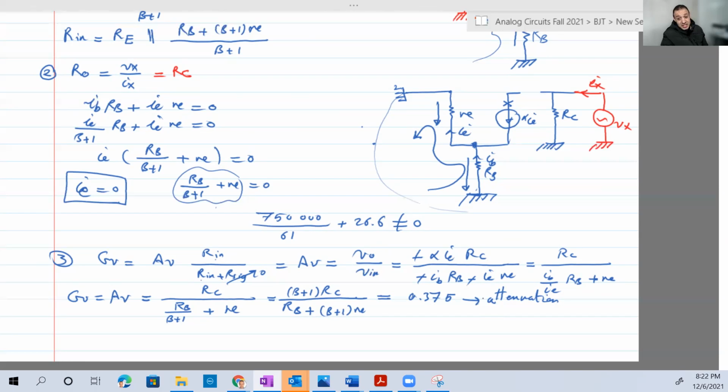A way to attenuate is something like this, an amplifier also, but basically an amplifier with a gain less than 1. So instead of multiplying the input by some value greater than 1 to amplify it, we're going to multiply it by a value less than 1 so we can attenuate it.